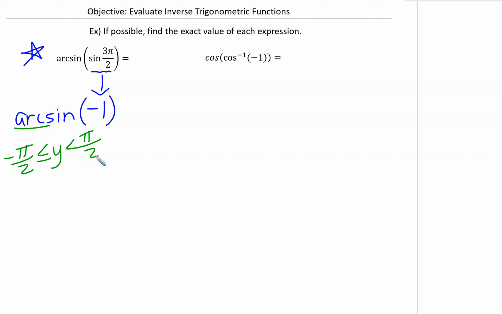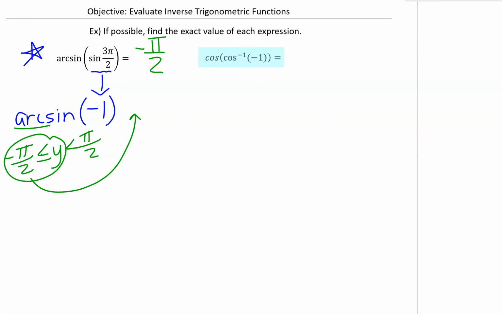I want to know where sine is negative in my fourth quadrant. Sine is negative 1 at the quadrantal angle of negative pi halves. That's equivalent to our 3 pi halves, but we have to use negative pi halves because of how our inverse trig function is defined. Let's take a look at this next one here.